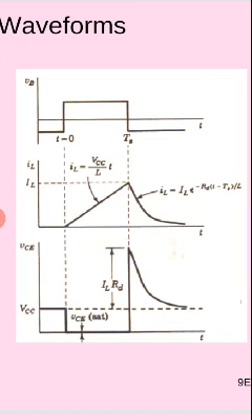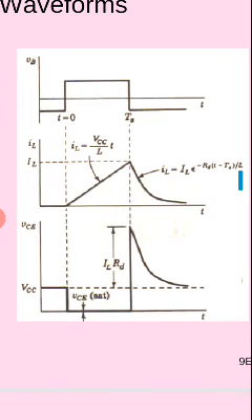One is the input side waveform called base voltage VB with respect to time, another one is the current IL flowing through the inductor with respect to time, and the output voltage called VCE is shown here with respect to time.